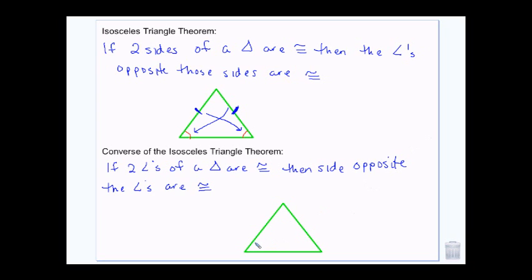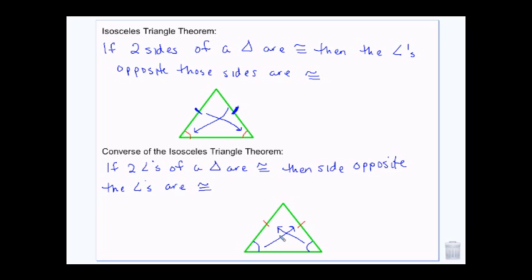What I have is that these two angles are congruent, so the legs opposite are congruent. If you have congruent legs, then you go across, you have congruent angles. If you have congruent angles and you go across, you have congruent legs.